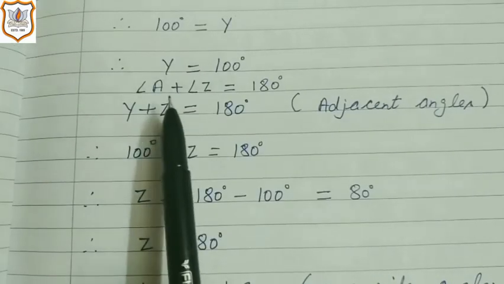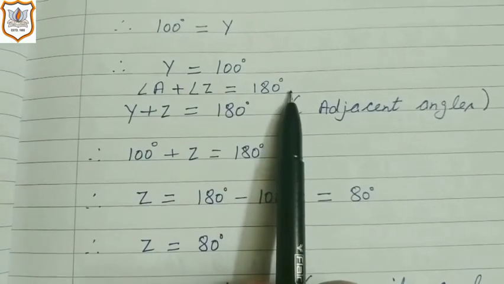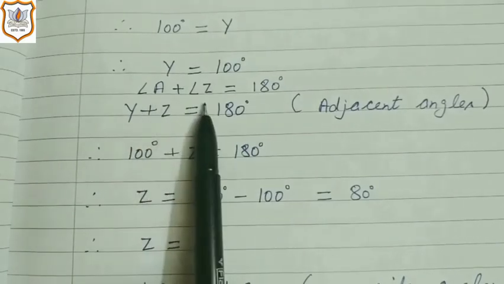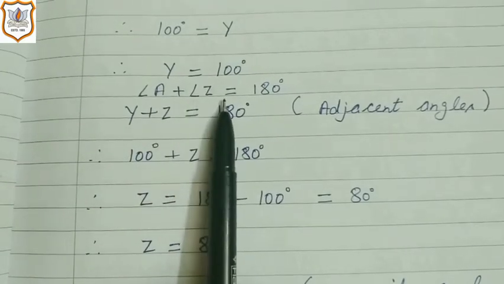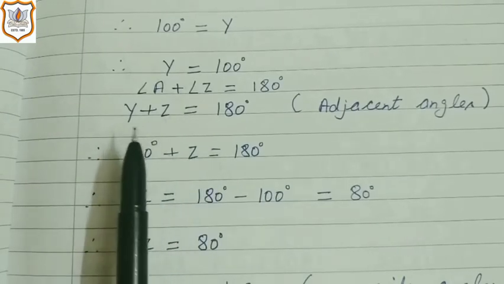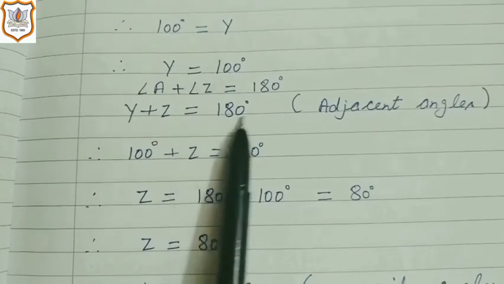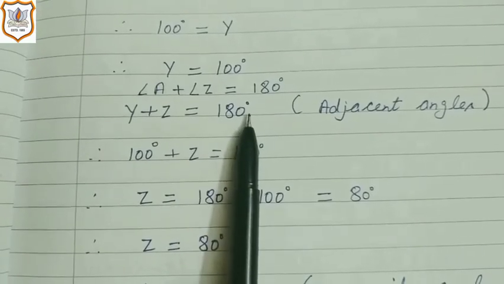Angle A plus angle Z is equal to 180 because these are adjacent angles.